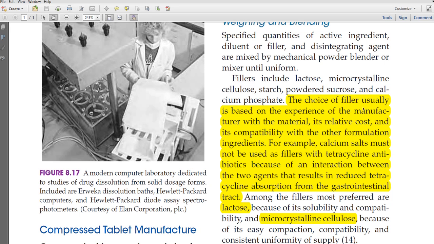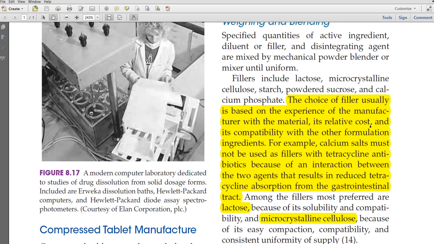The choice of filler usually is based on the experience of the manufacturer with the material. I mean, if my experience is with lactose, for example, and I have good experience with lactose, I don't want to try something else because it might not be good enough. I have experience with lactose, so I will use lactose.